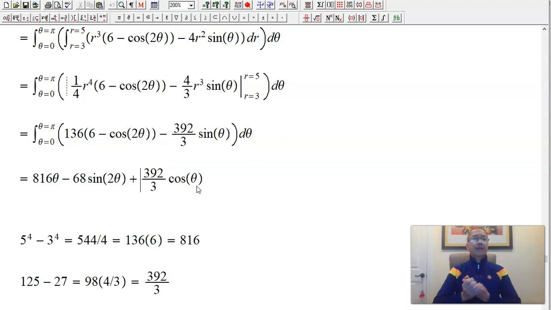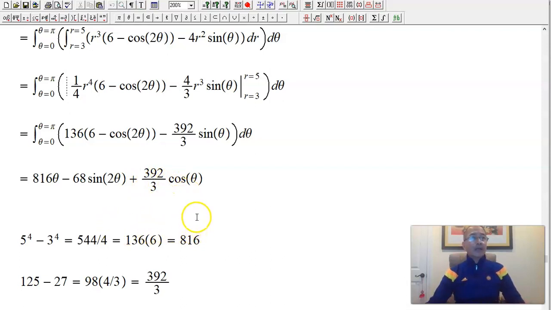The derivative of cosine is negative sine, so that is good. We're going to plug in 0 and pi. Sine of 0 is 0, but cosine of 0 is not 0, it is 1, so that term is going to survive.